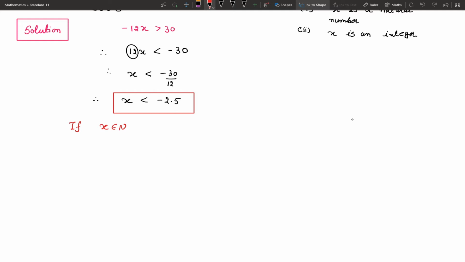So if x belongs to N, the solution set in the first case is the empty set phi. Now let us focus on the second condition.